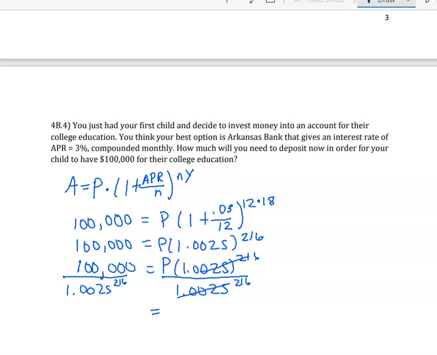Okay, and my answer would be 100,000 divided by 1.0025 to the 216th power, which is going to get me $58,314.11. So it's getting close to doubling, but I'm going to have this much money on the front end if I don't plan on putting anything else in for him or her to have $100,000 by the time they graduate.